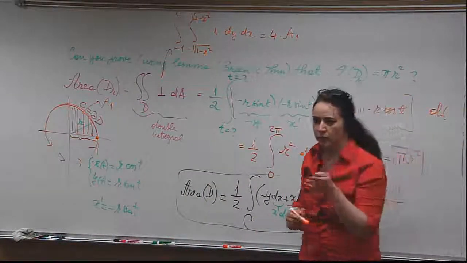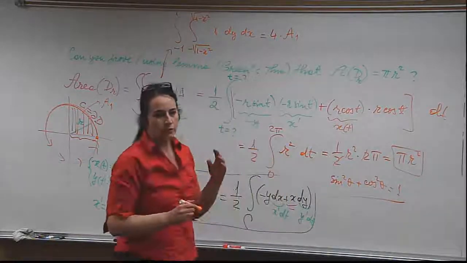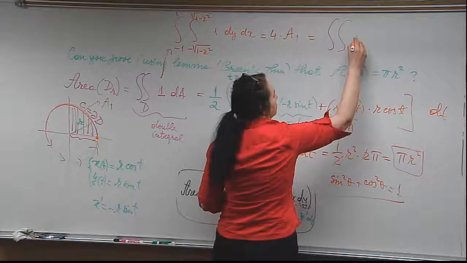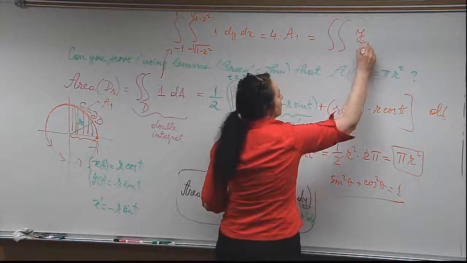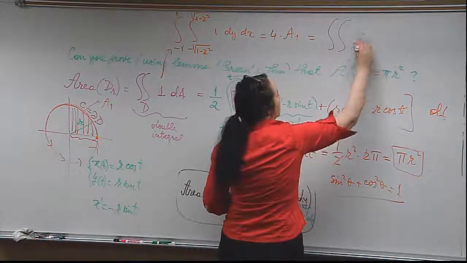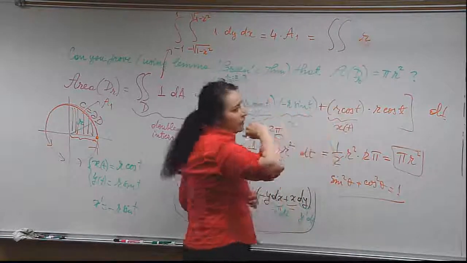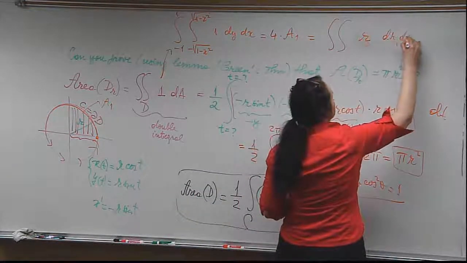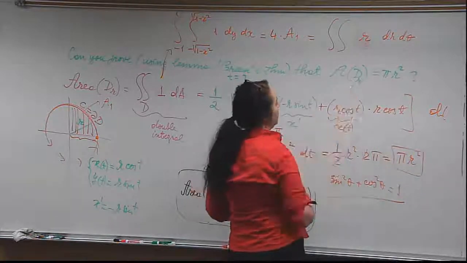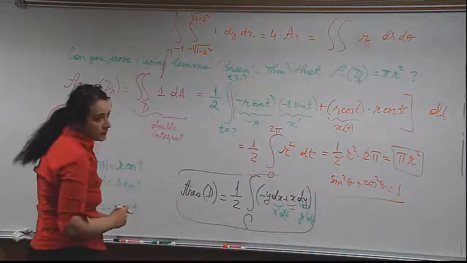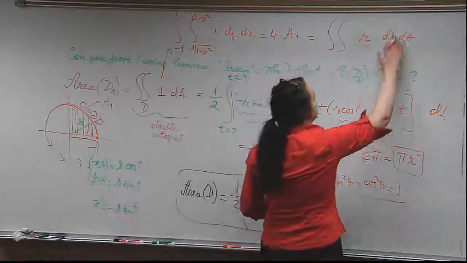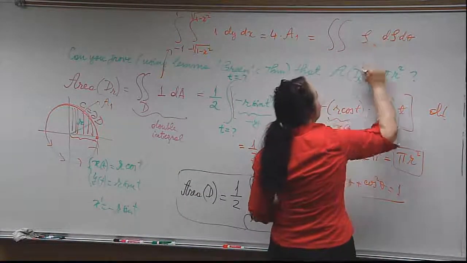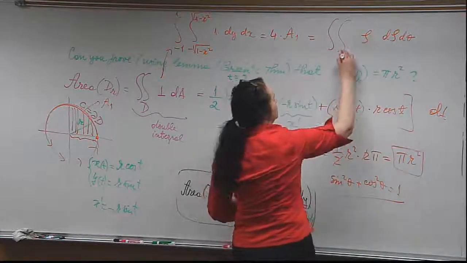But the best way to do that is not in Cartesian coordinates. The best way is to do it in polar coordinates. Always remember your Jacobian is r. So you have Jacobian r, and then dr d theta. But now you say, wait a minute, Magdalena, you said r is fixed. Yes, that's why I need to learn Greek, because it's all Greek to me. Instead of r, I put rho as a variable, and I say rho is between 0 and r.